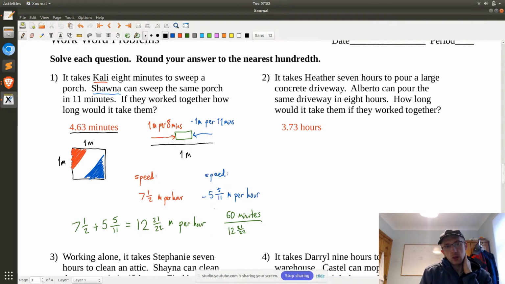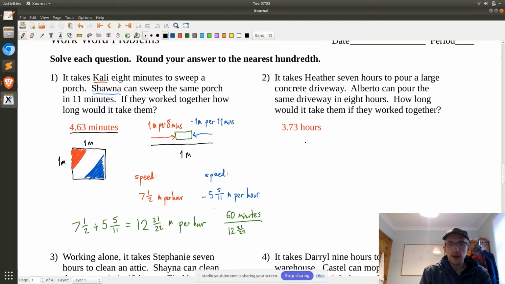So how much of a porch per minute? Oh, of course, 0.125. That's what it is for them.